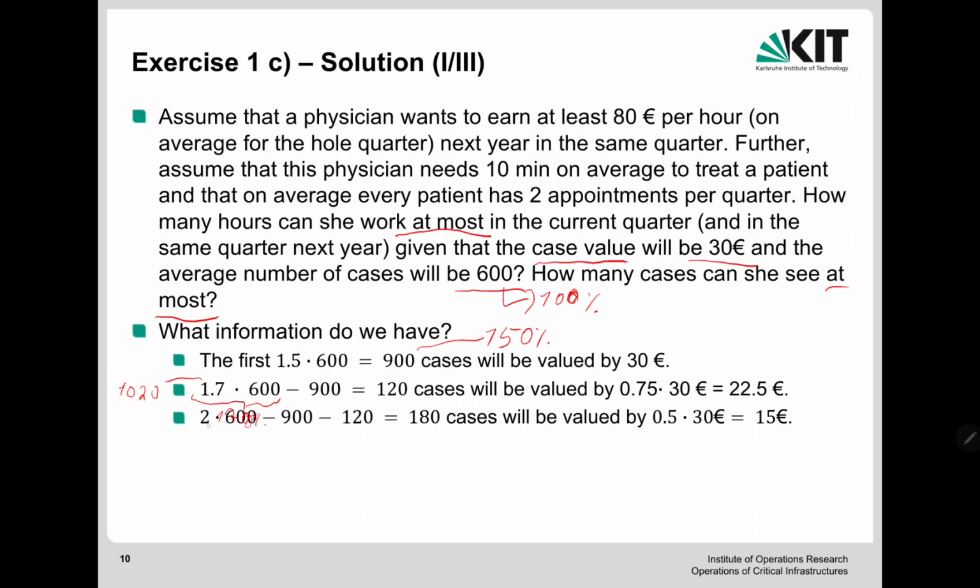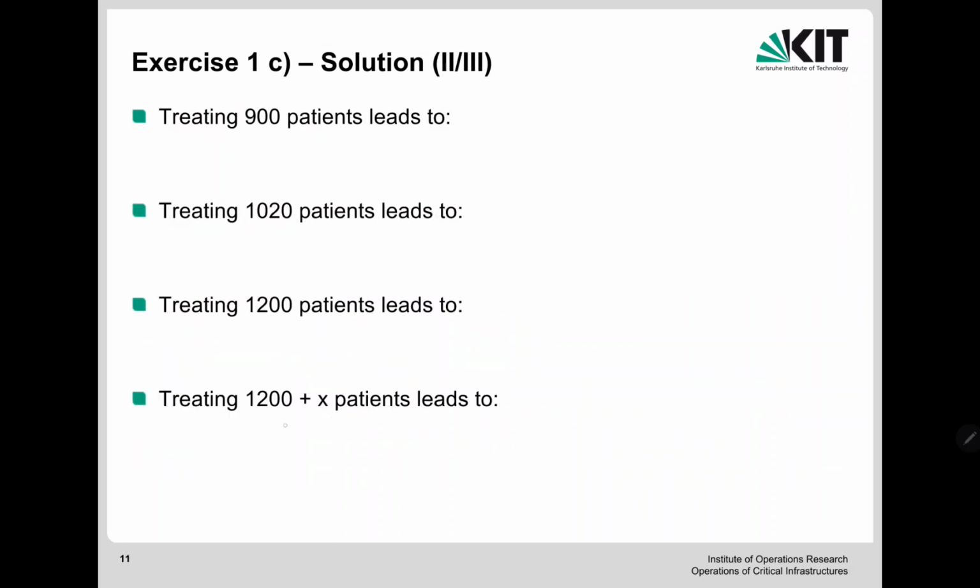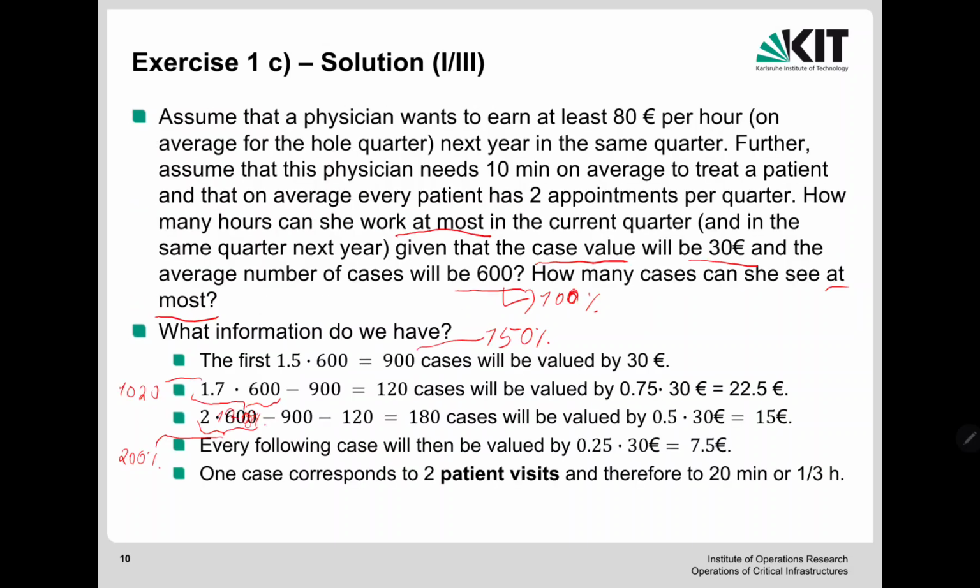Okay, I'm sorry. So this is twice 600, the 200%, minus the 900, which is the 150%, minus 120, which is the 170%. That means 180 cases will be evaluated by only 50%.